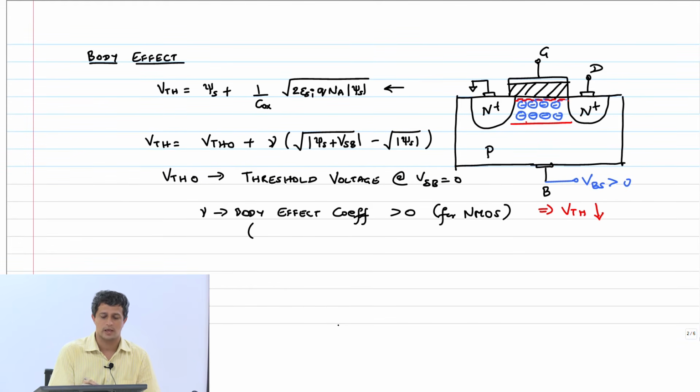What's the dimension of VTH? VTH is volts, VTH naught is also volts. So this is, by the way, in volts. So therefore gamma has to be in root of volts.